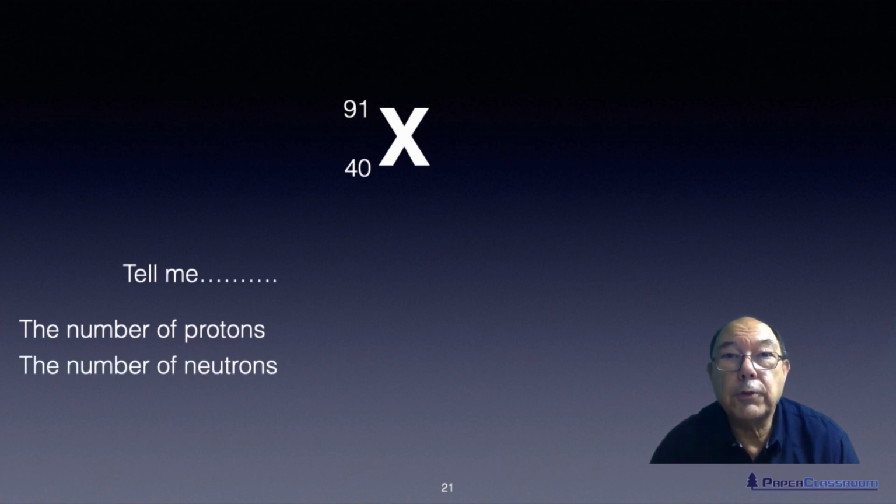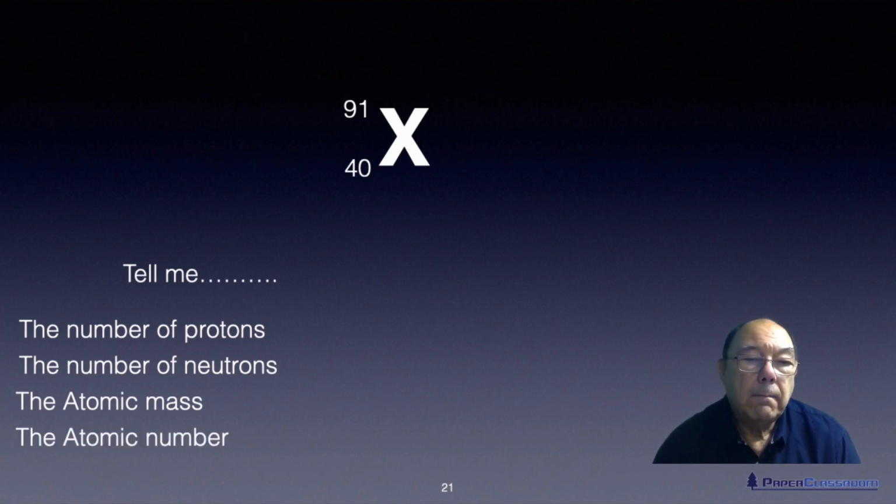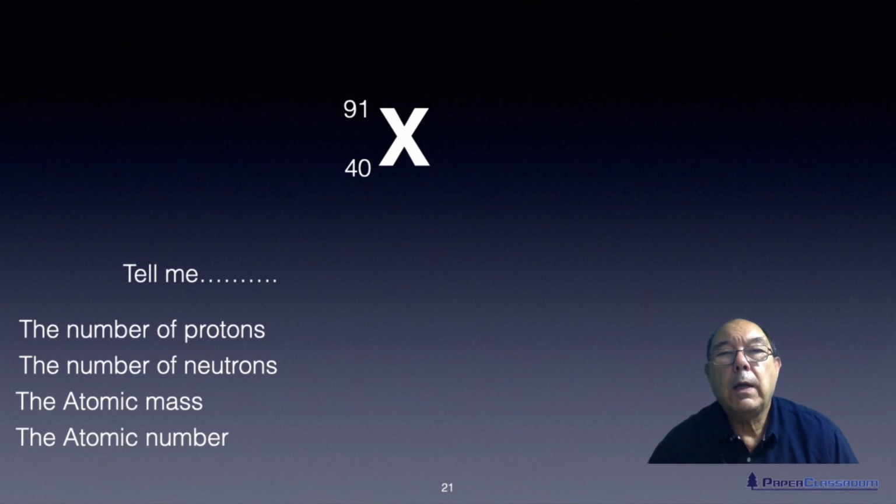How many neutrons does it have? What's the atomic mass of that element? And what's its atomic number? Now I suggest you stop the video at this point, work on those. When you've got your 4 answers, start the video and I'll tell you the solution.